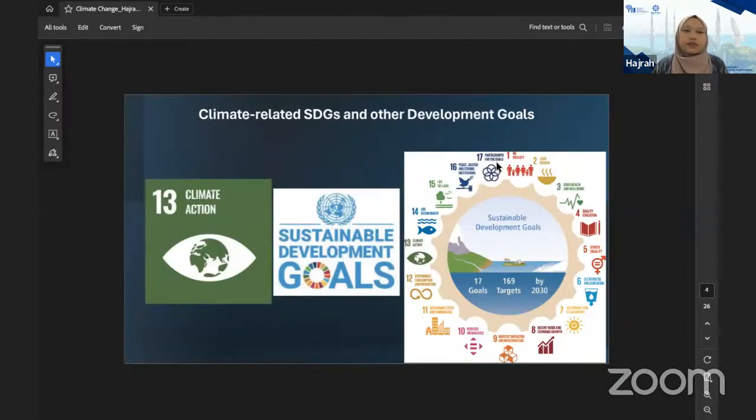Climate is specifically mentioned as climate action in SDG number 13, and the SDGs contain 17 goals with 169 targets, which we hope to achieve by 2030.